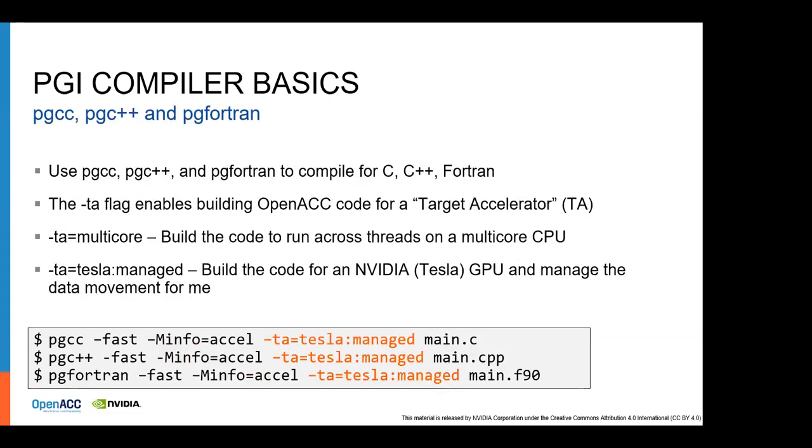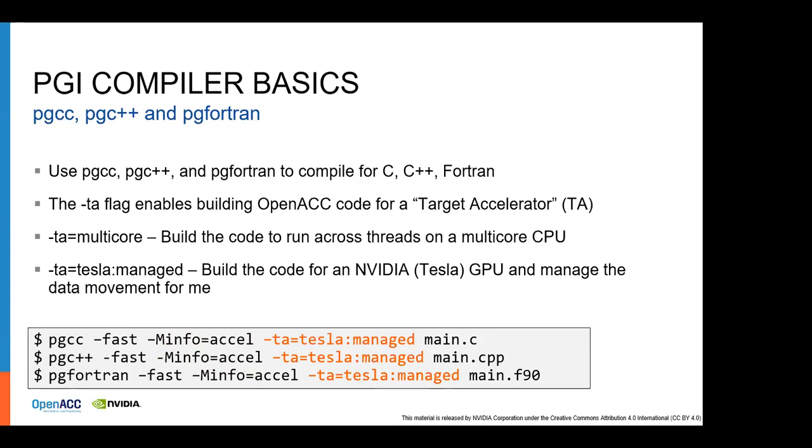And now, how we compile for a specific target. We have this -ta flag, where you specify some options. If you want to select an NVIDIA GPU, you say tesla simply.